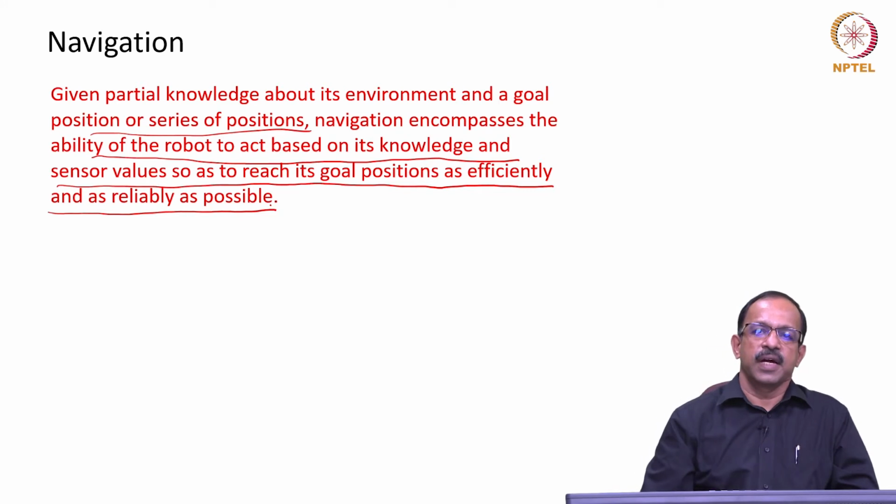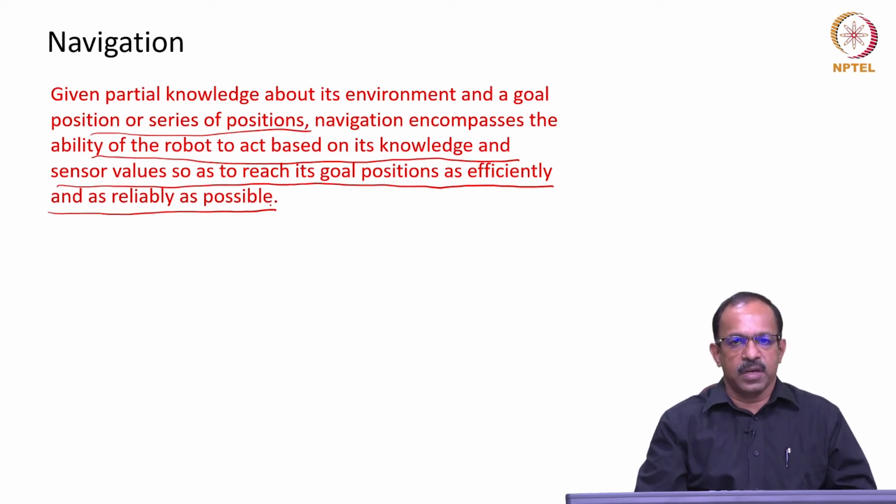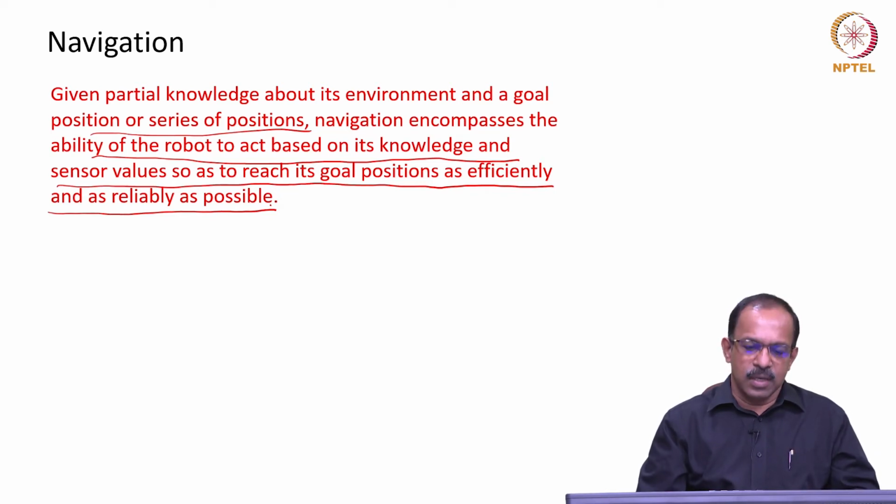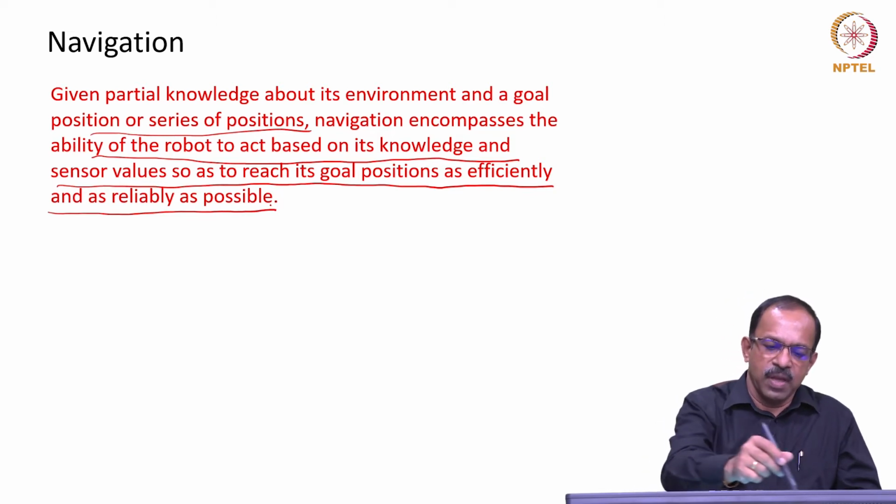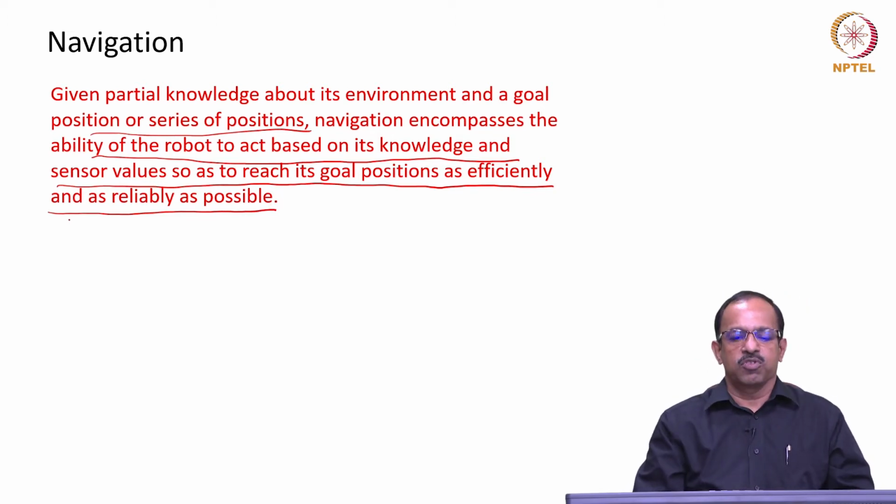So that is basically the navigation of a robot. It knows the information about its current position, and it has sensors to collect information, and with all these, how the robot will actually move from its current location and reach its goal position as efficiently and as reliably as possible is basically known as navigation.